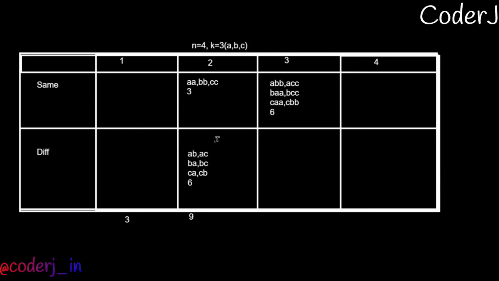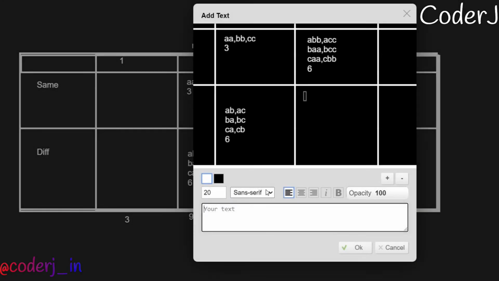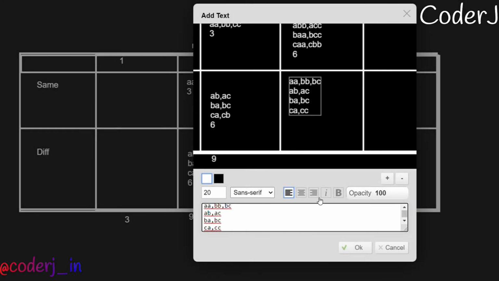So let me write it, give me a second. These were the conditions, right? AA, BB, CC, AB, AC, BA, BC, CA, CB. Now I said, by adding one pole to the previous variation with the correct condition, you will have the correct variation for this order. What I mean is, you have AA, BB, CC.